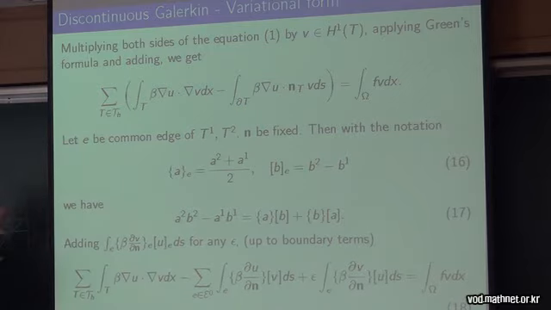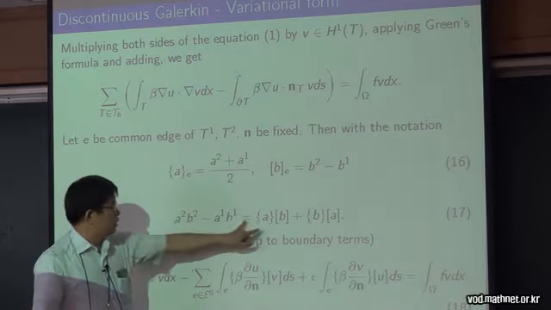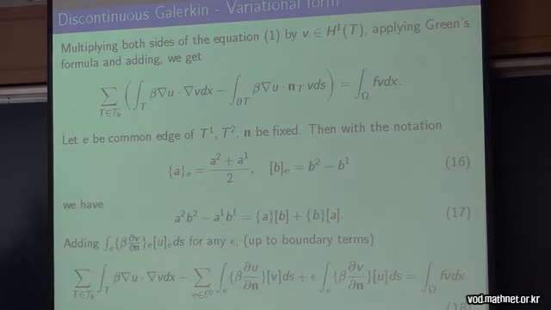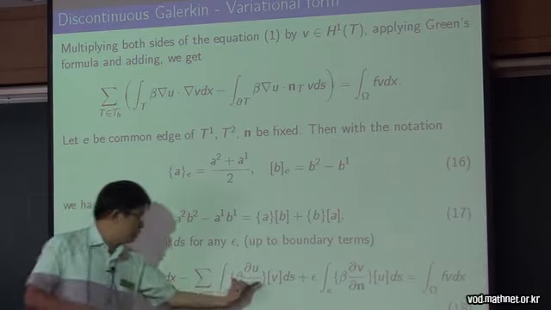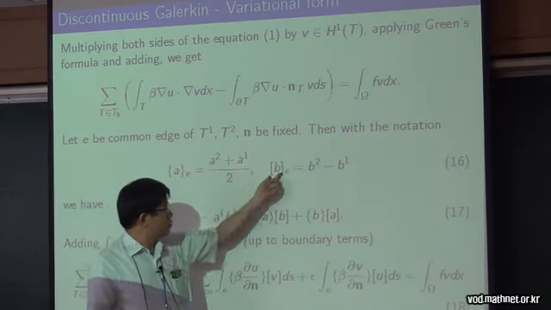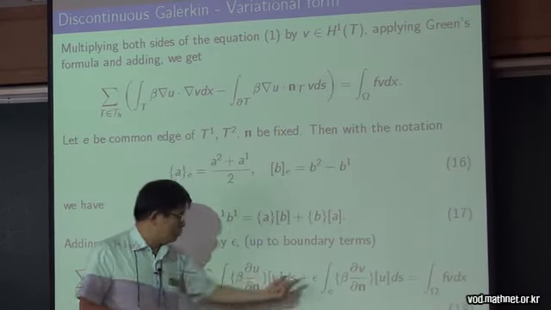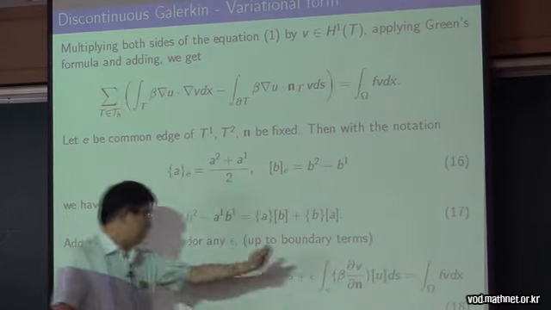Okay, and then we treat this line integral using a small identity, a small arithmetic, and change it to this form. This brace means average, and this bracket means a jump between the two. So using the average and jump, and the average and jump the other way.